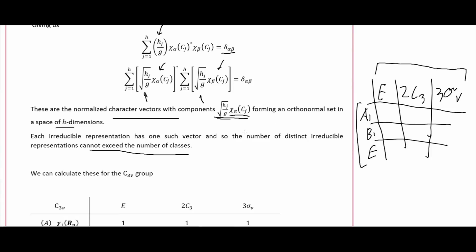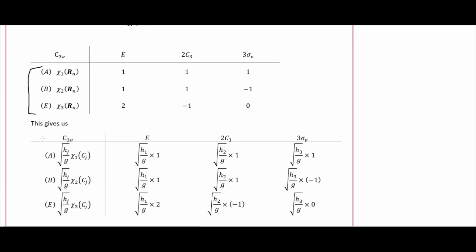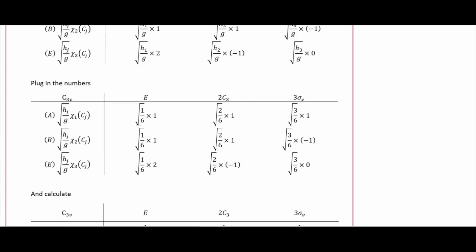And so we can actually calculate these vector components for our C3v group. And so we have our A1, A2, and E irreducible representations here. And so when we multiply by the number of elements in the classes over G, so the square root of that times these characters here, we just put the numbers in. So for the identity, there was only one element in the class, so it just has the 1 there.